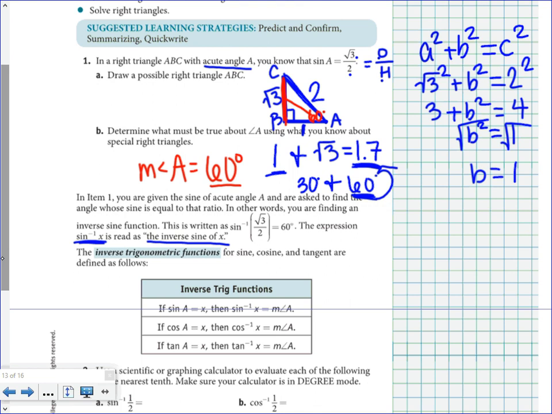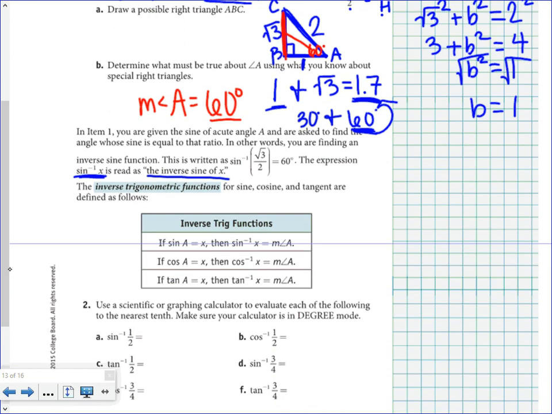And so the way that the book defines them, if the sine of A equals x, then the sine inverse of x equals the measure of angle A. Basically, your A and your x switch places. They invert. And if you see invert, inverse, very closely related. So if I have the sine of angle A equal to x, these two are going to switch places.